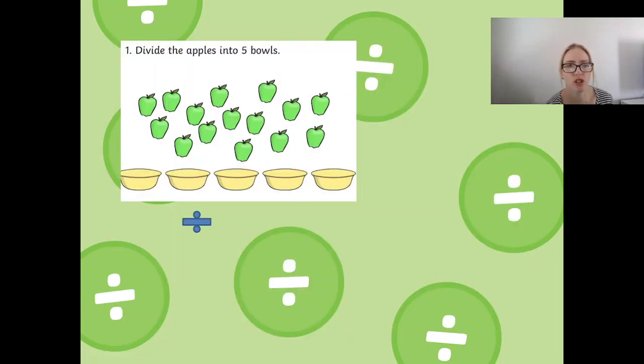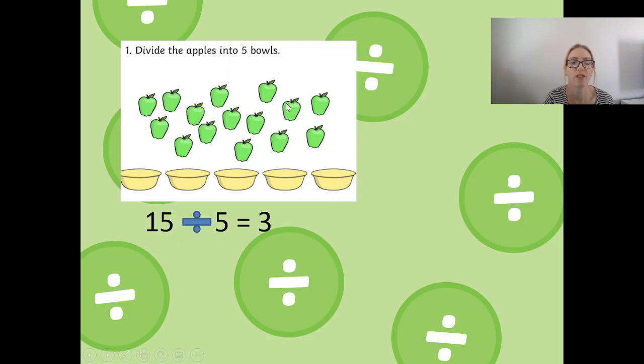All right, your task now on Dojo is to do some word problems. So you need to share the particular items amongst the particular bowls, or what the activity sheet explains to you to do. If you want the extension, you can draw in underneath the actual sum.